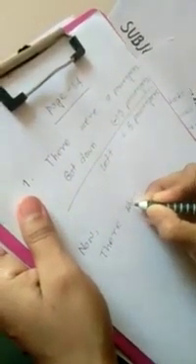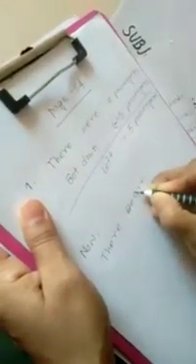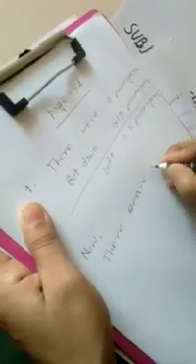So we can write now there are 5 passengers and got in, which means they got on the bus again. How many passengers? 4 passengers.